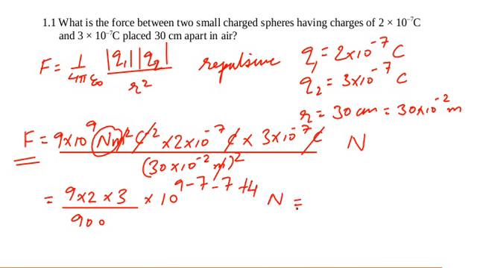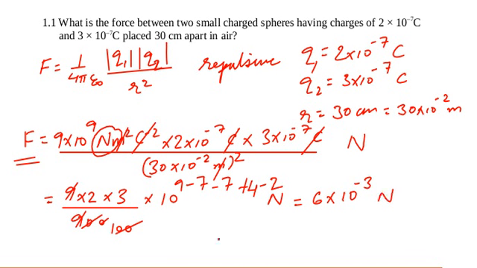So simplifying this, 9 cancels out, you are left with 100 in the denominator. When it goes to numerator it becomes 10 raised to the power -2. So now we have 2 into 3 is 6 multiplied by 10 raised to the power 9 minus 7 minus 7 plus 4 minus 2, that is -3, Newton.